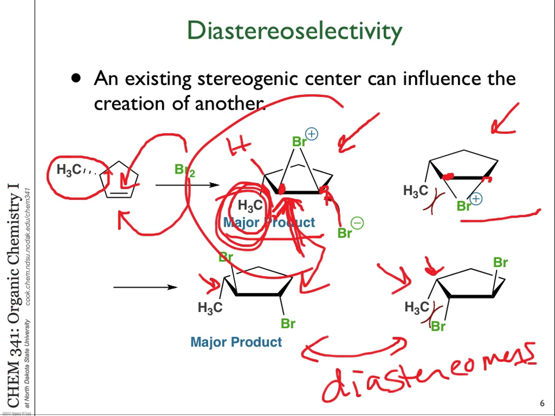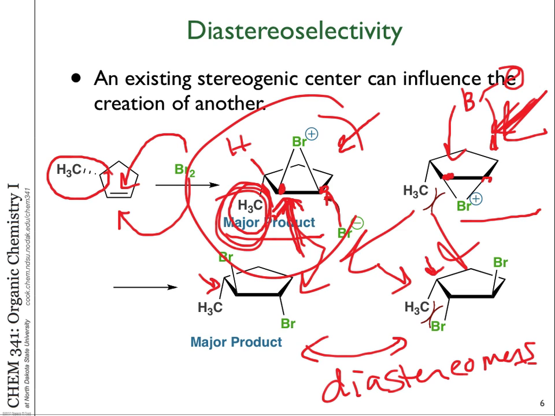Now, even if this other isomer here is formed in a little amount, it's still there, and there's not much to distinguish the differences on the top side here in that second addition. So we would probably expect this one to be less selective, to get both of those.